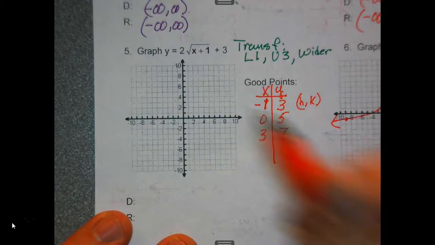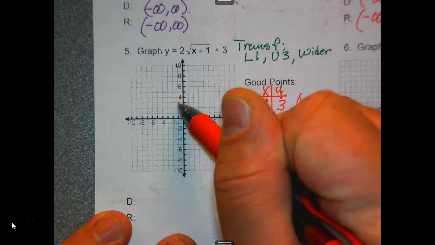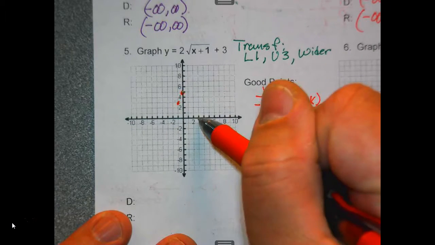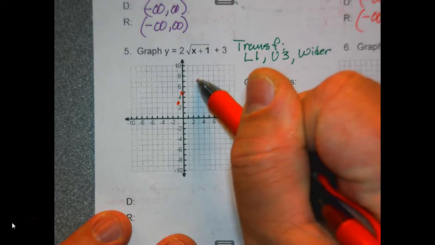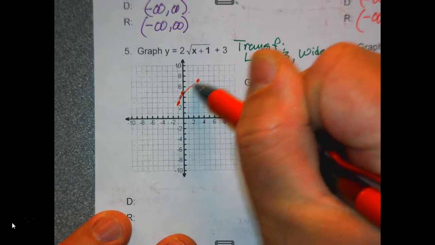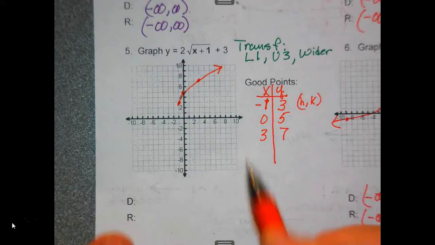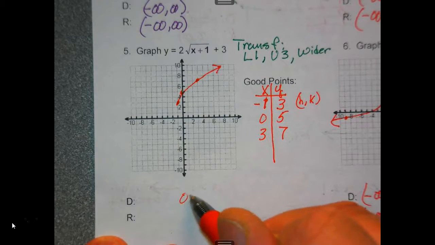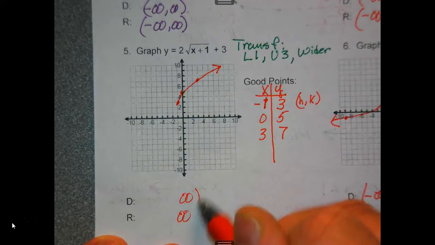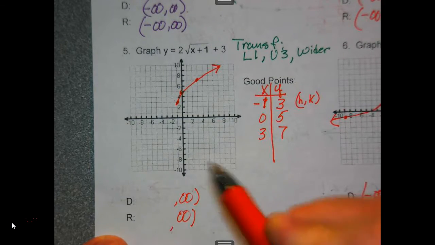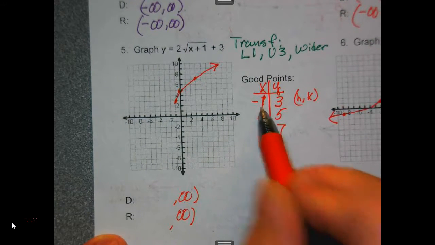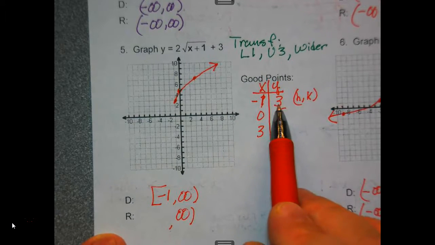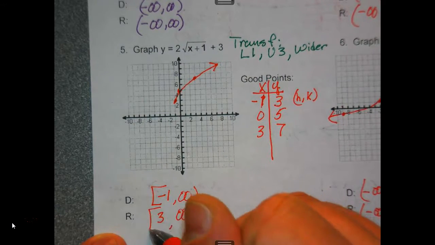So -1, 3, 0, 5, and 3, 7. Okay, they both go to positive infinity on my axis. Okay, my H for the domain is -1, includes it. My K for the range was 3 and includes that.